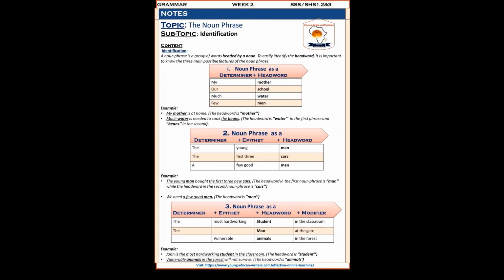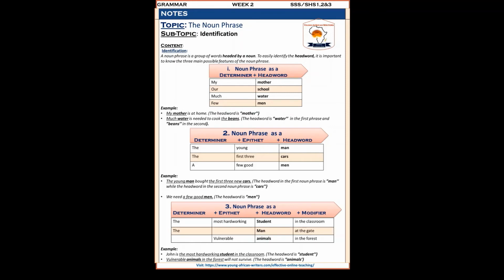Now, here is the key. You will not be able to identify the grammatical name and function of a group of words within a sentence if you do not know how to identify a phrase or a clause.